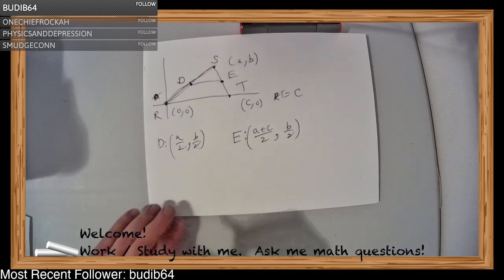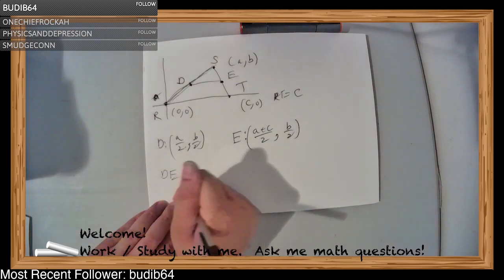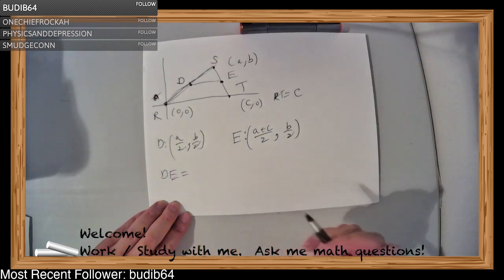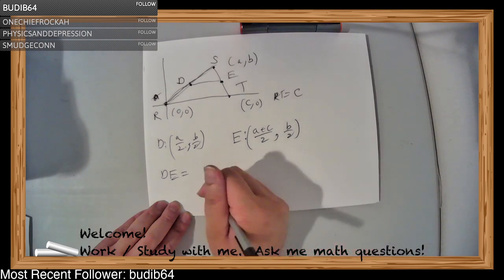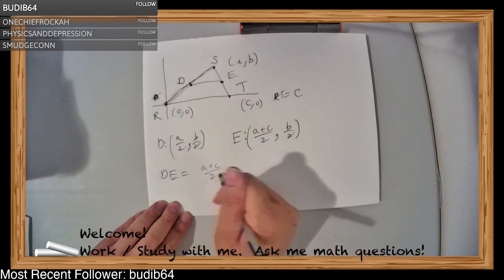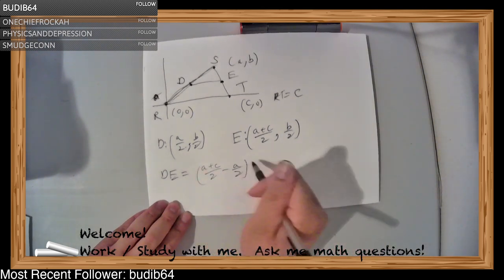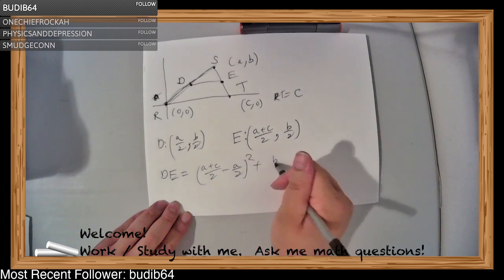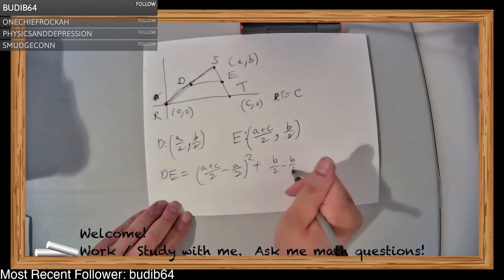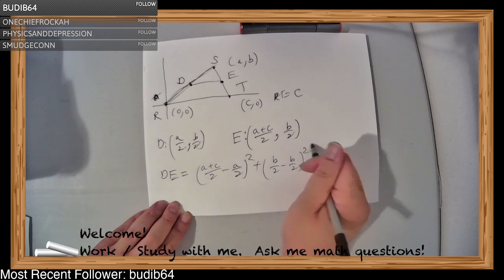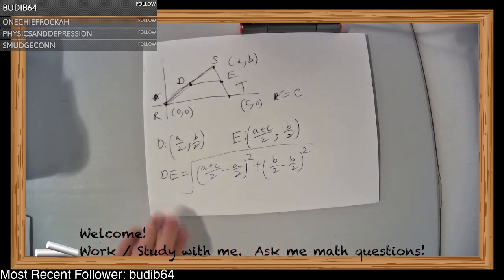And let's see what the length of DE is. So it will be A plus C over 2 minus A over 2 squared plus B over 2 minus B over 2. Actually, you know what? I don't know why I'm doing this because they're horizontal. But okay, we use the distance formula.